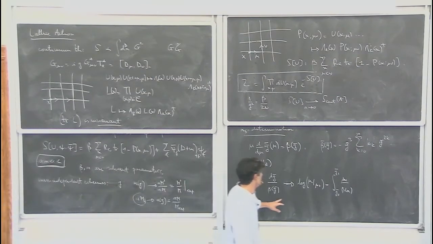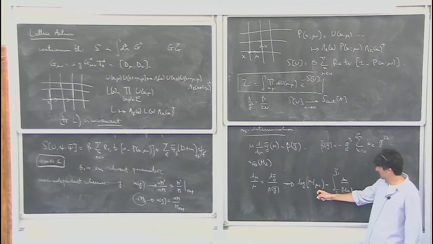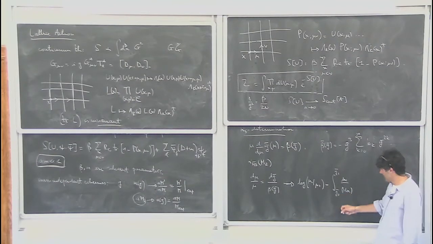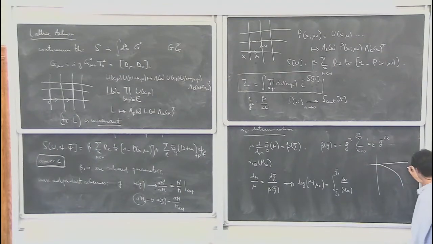And now, you see, if you send one of these two scales to infinity, you get a log divergence. By the way, the beta function looks like this. So this is g bar, this is beta of g. As you go towards the infrared, g bar tends to get larger. As you go to the ultraviolet, g bar goes to 0. This is called asymptotic freedom.